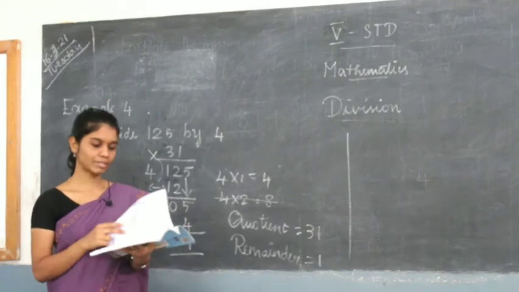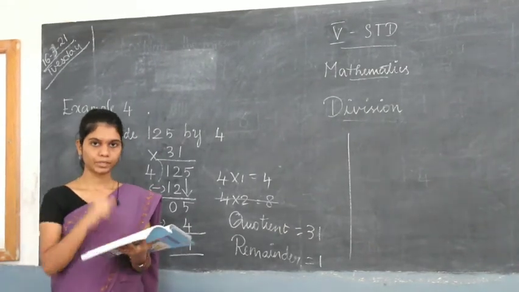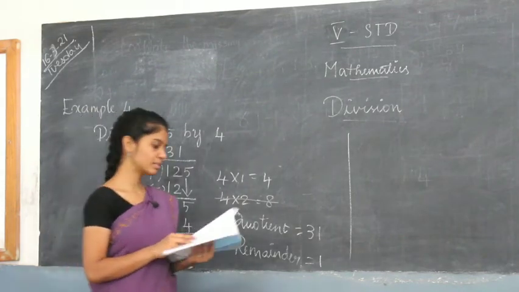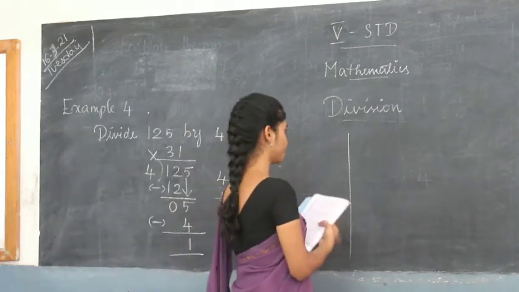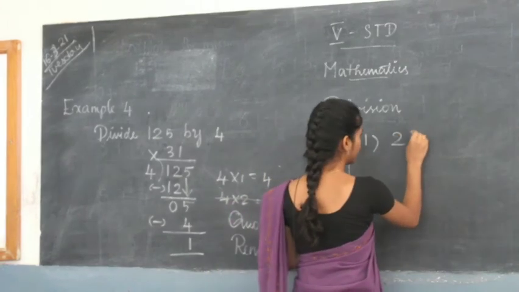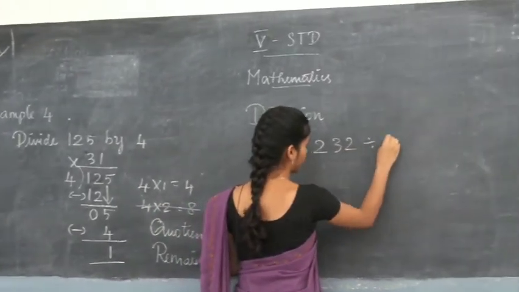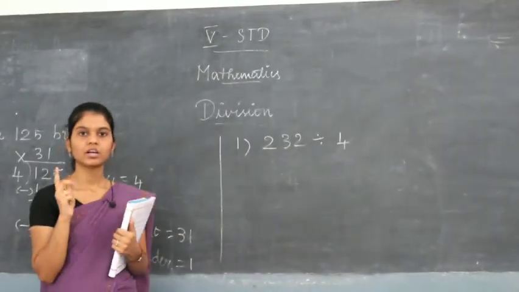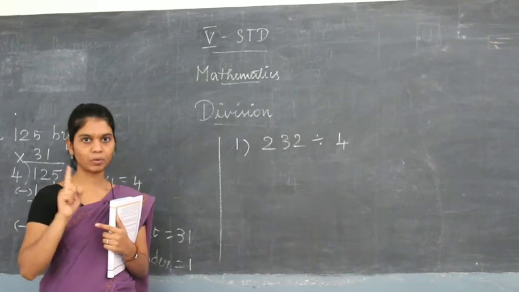So we'll solve some exercise sums. Turn to page number 18 and we'll solve the first exercise sum. Okay. So now, first they are giving you 232 divided by 4. So first Roman is 2-digit number divided by 1-digit number.